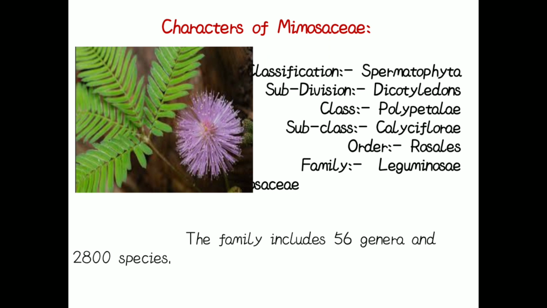As we know, this is a flowering and seed bearing plant, so the division is Spermatophyta. Subdivision is dicotyledons because the seed shows the dicotyledonous structure. Class of this family is Polypetalae, showing free petals.